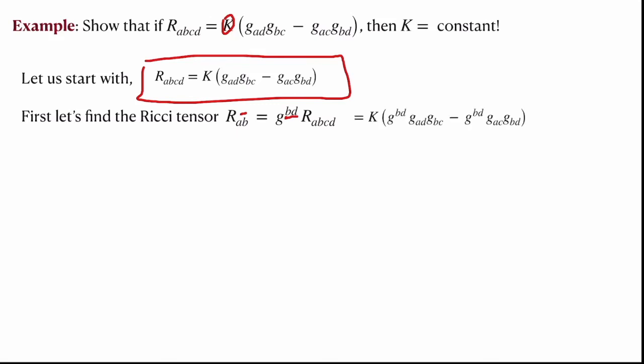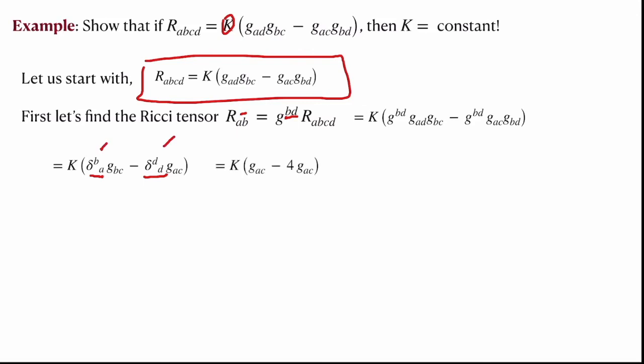You multiply by g^BD for both these terms, and then you can easily simplify this. The first term comes out to be delta_BA, and the second term is delta_DD. That is essentially the trace of an identity matrix, and this turns out to be 4, and this is turning out to be delta_AB.